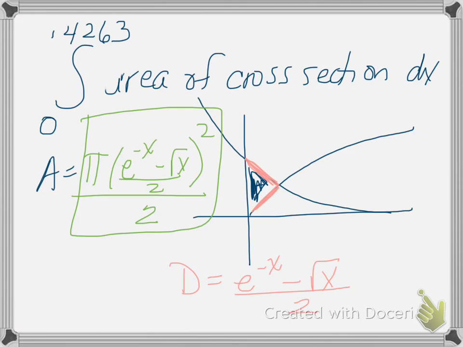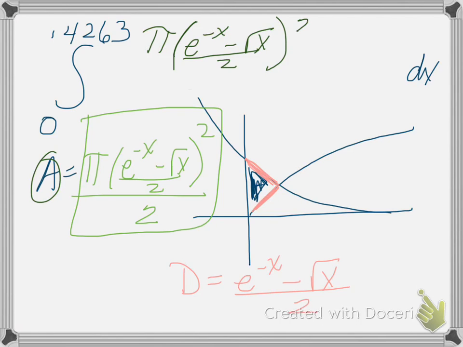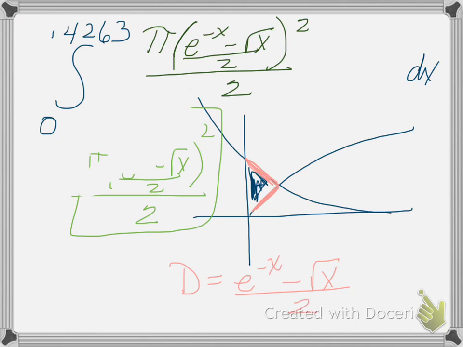So now all you have to do is replace all this with this. So it's going to be integral, and we're going to have pi times e to the negative x minus radical x, this whole thing over 2, squared, all over 2 dx. So I'm just going to erase this now that we have this, just to make more room.